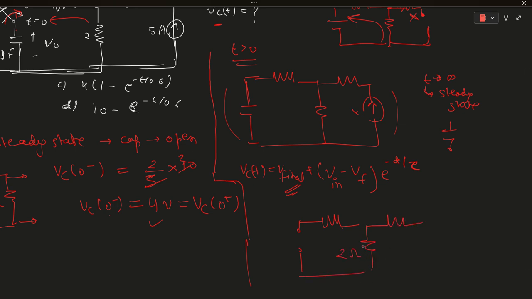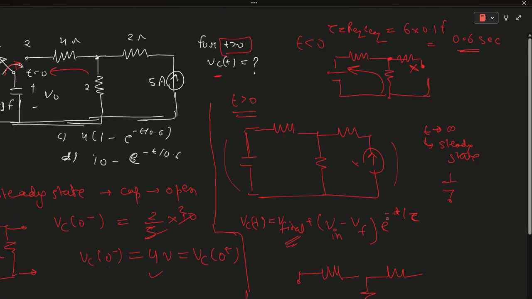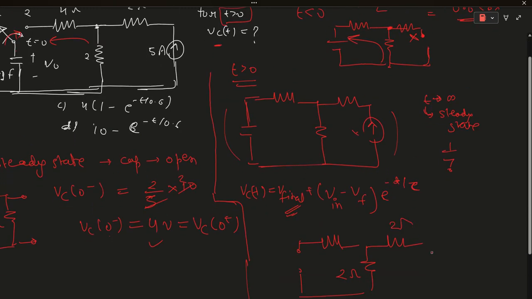This resistor is 2 ohm, this is 2 ohm, and this one is also 2 ohm, and a current of 5 ampere will flow like this. This is a 5 ampere current source flowing in this path, and we have to find out this voltage, as this voltage will appear on the capacitor.